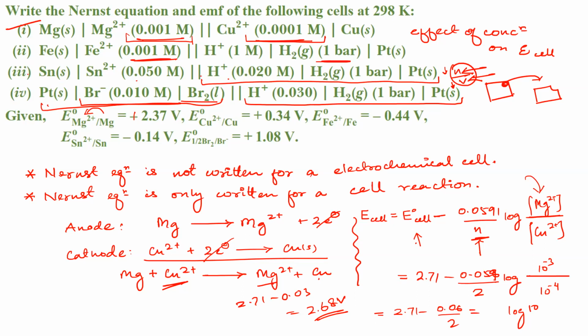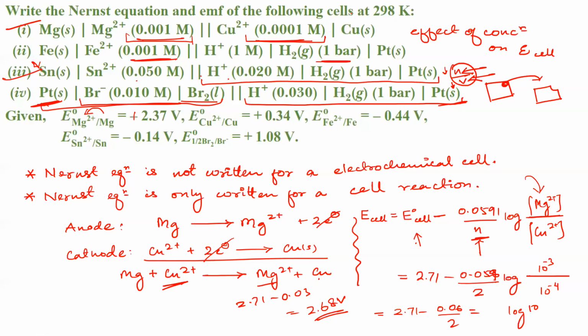The difference between these two is that Sn is an active electrode. That means it is also taking part in the reaction, and platinum is an inert electrode. It is not taking part in the reaction. Third one? Okay, fine. The fourth one? Hey, it doesn't work like that. One is saying third, one is saying fourth. Do the fourth. The first one is easy, right?